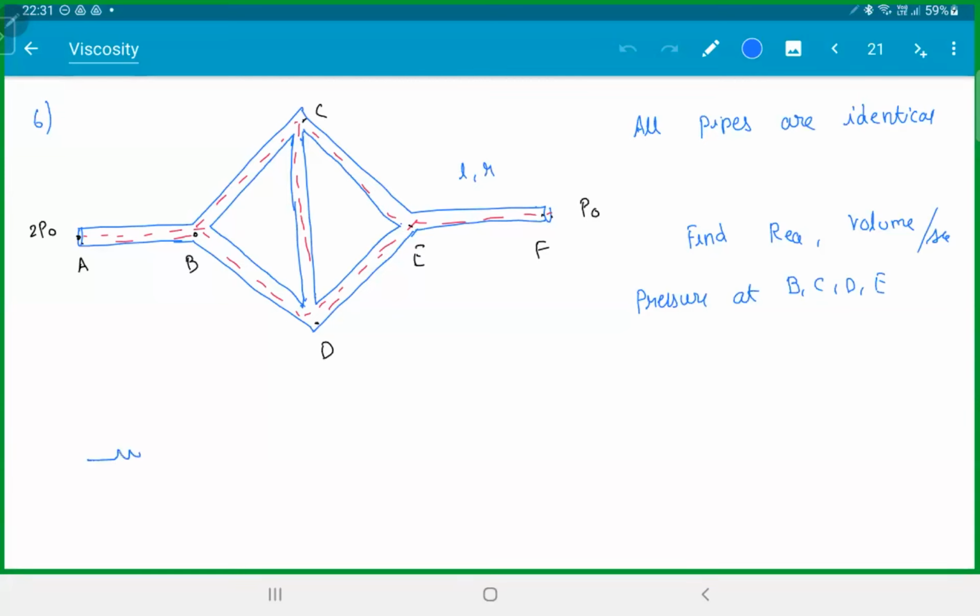Circuit first is R. This is a Wheatstone bridge, so the center one can be removed.